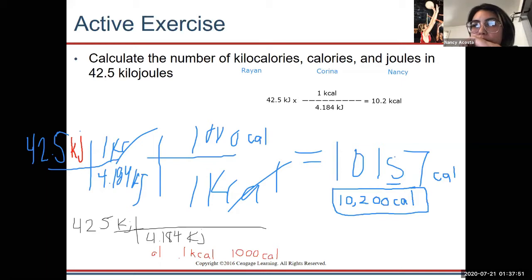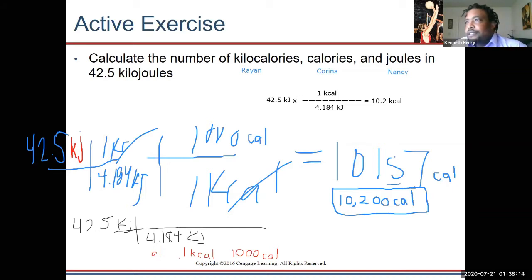So 1 kilojoule is going to be equal to how many joules? Oh, I don't know. You should know that. Kilo is a prefix. You've seen those prefixes. 1 joule equals how many millijoules?